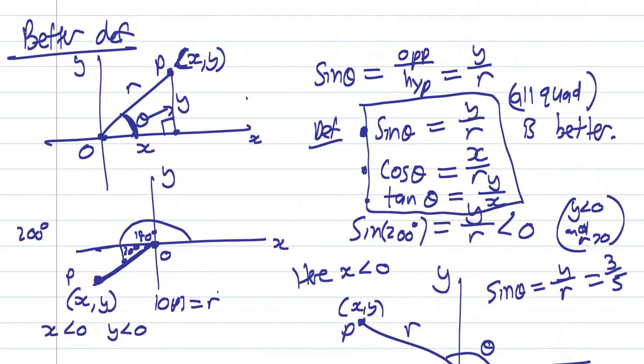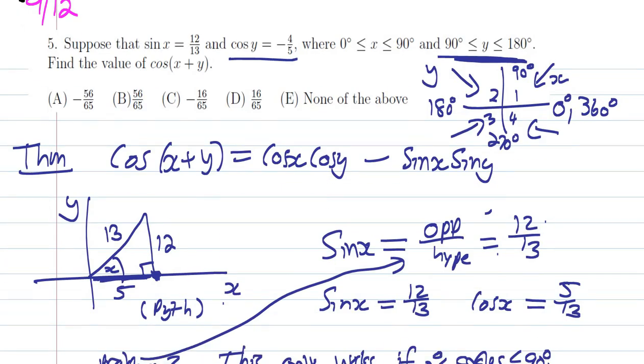Now we can go back to the question and fill in the values. From the first diagram, cos of x is 5 over 13, and cos of y is minus 4 over 5, because that's given.